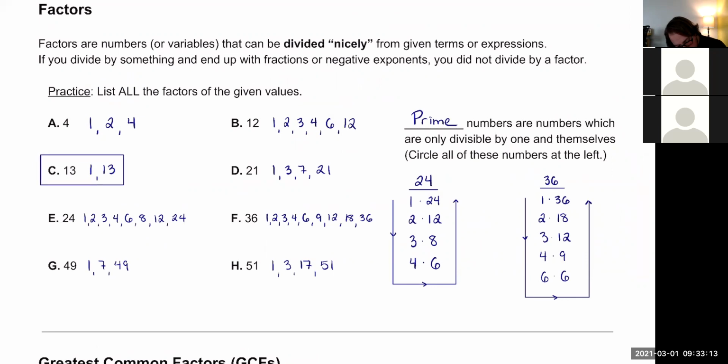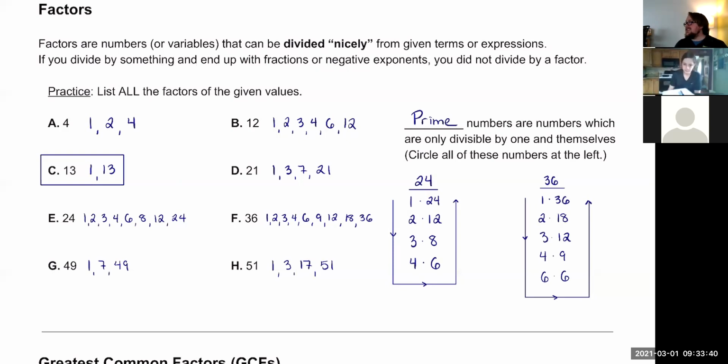Now, something else I want to point out to you, because a lot of the time I have students think that prime numbers are the same as odd numbers or vice versa. It's not necessarily the case, because look at the last two on our list. 49 is an odd number. It is not prime. 51 is also an odd number, and it is not prime. 21 is an odd number, and it is not prime.